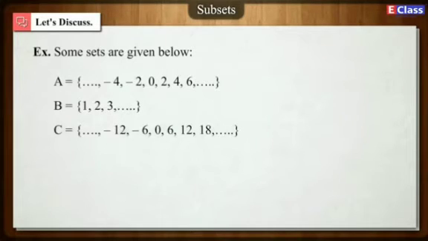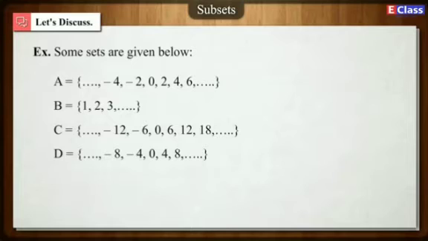C = {all multiples of 6 before -12, -12, -6, 0, 6, 12, 18, and so on}. D = {all multiples of 4 before -8, -8, -4, 0, 4, 8, and so on}.